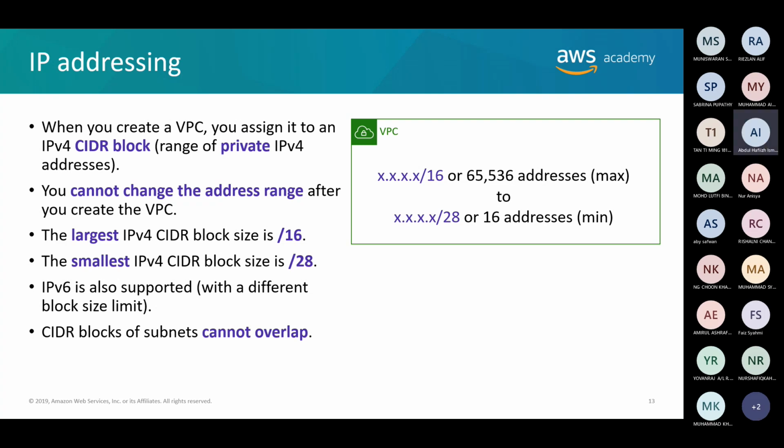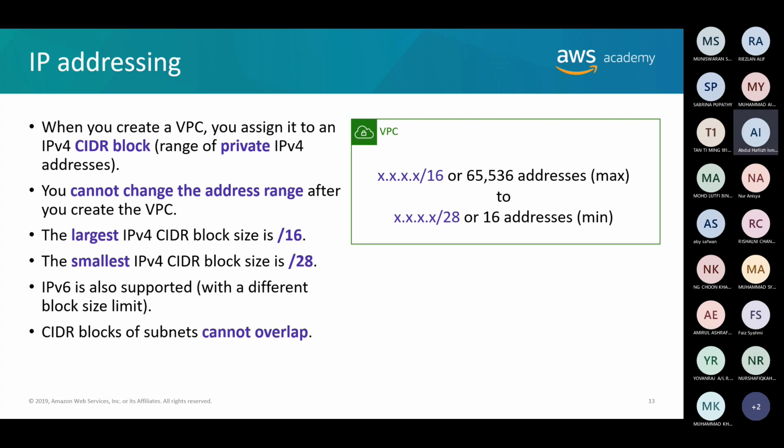So you can optionally associate an IPv6 CIDR block with your VPC and subnets, and assign IPv6 addresses from that block to the resources in your VPC. IPv6 CIDR blocks have a different block size limit.